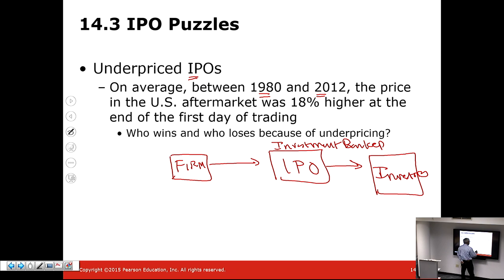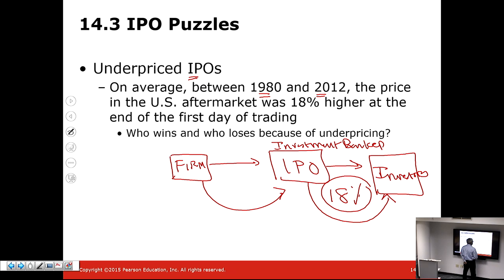What we have seen is that from here to here, this is the IPO price. Then from the investment banker to investors, this is the market price. This is the after-market price in the stock market. We see that on average, stock prices increased by 18% in that second leg. That means stock prices have increased by 18% on the first day of trading.